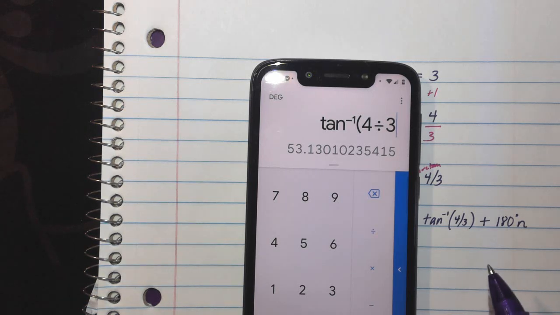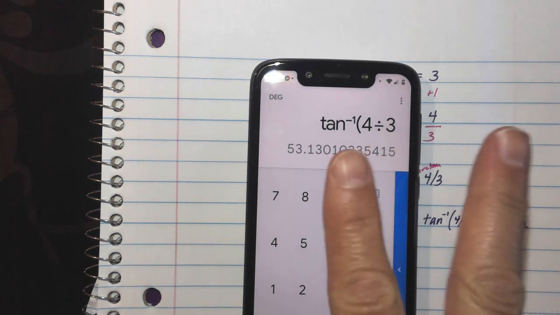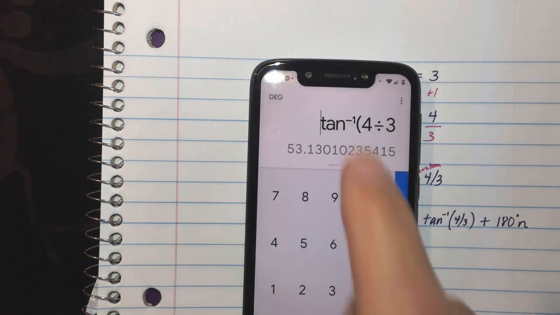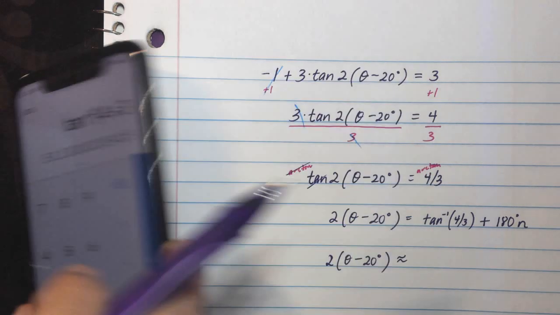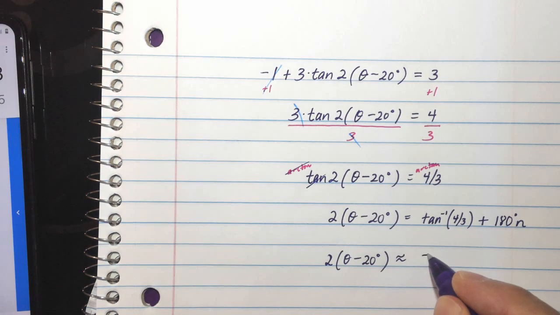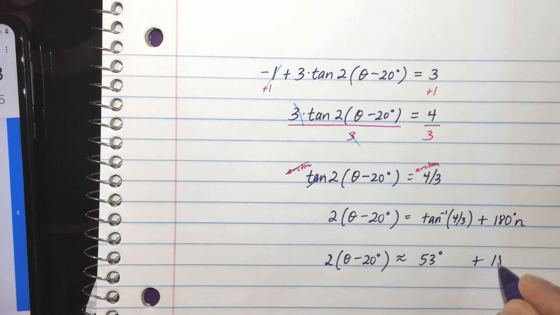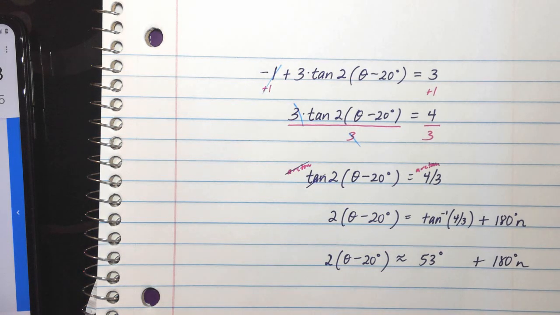So if you're doing a radian problem, 2 decimal places. If you're doing a degree problem, just round it to the nearest degree. Okay? 53 degrees, so 53 degrees plus 180 degrees times n.